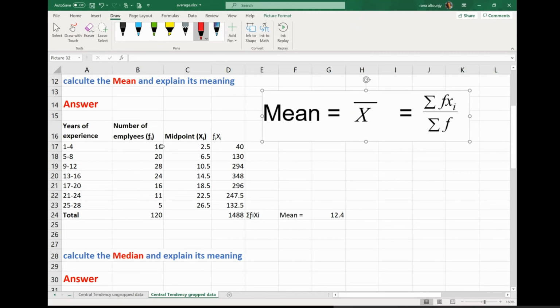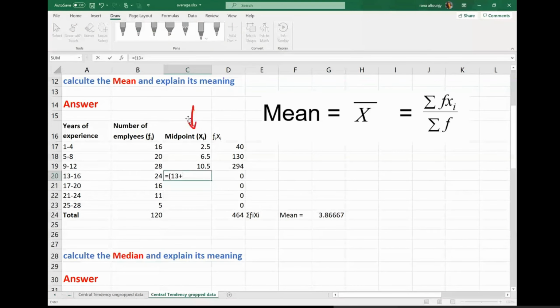Third, equal, what is the midpoint? 9 plus 12 divided by 2. Then equal 13 plus 16 divided by 2. Equal 17 plus 20 divided by 2.